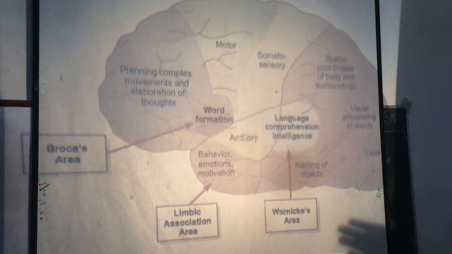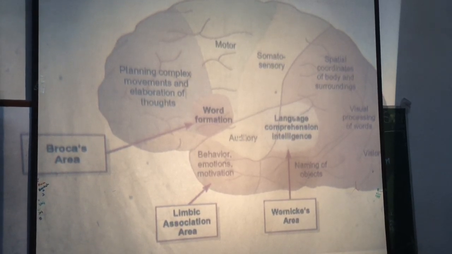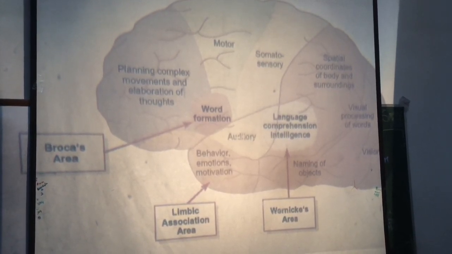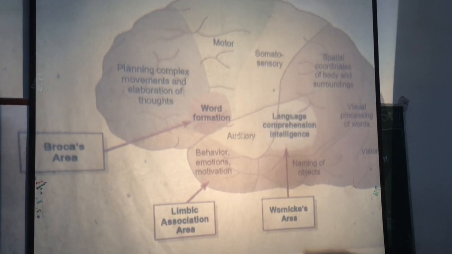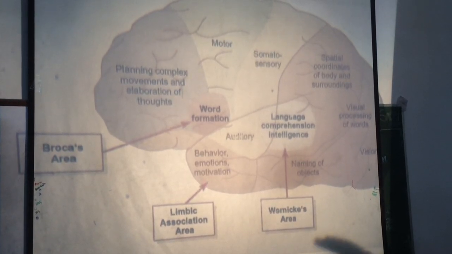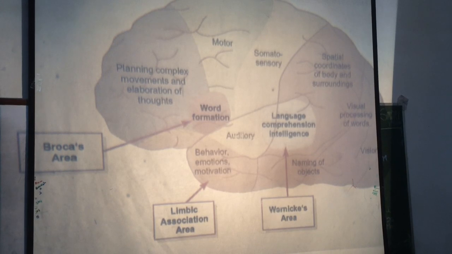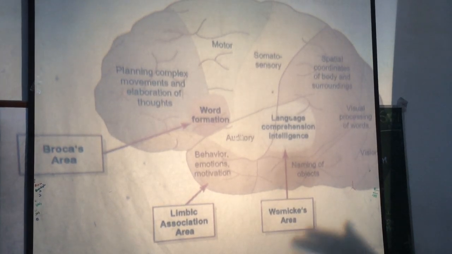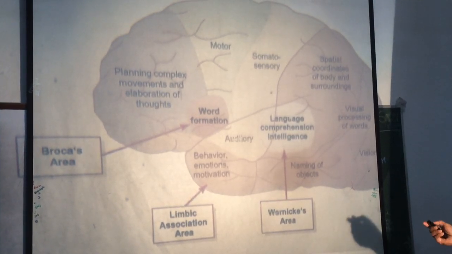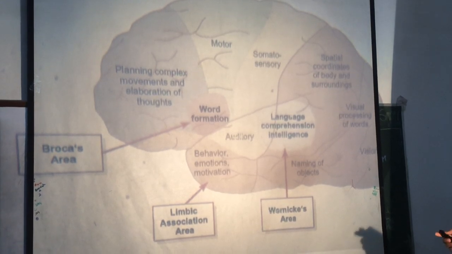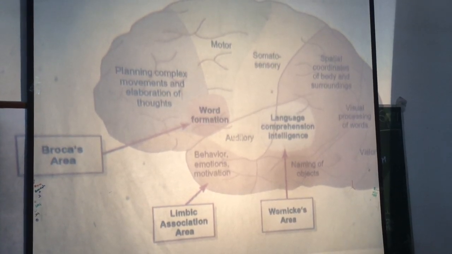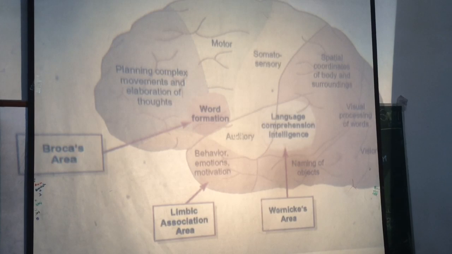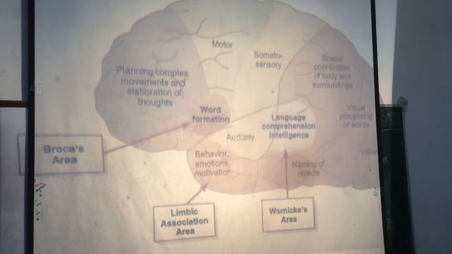All the visual and auditory signals go to the primary auditory and primary visual areas, and from these the impulses go to Wernicke's area. So Wernicke's area receives all the information regarding vision and hearing.